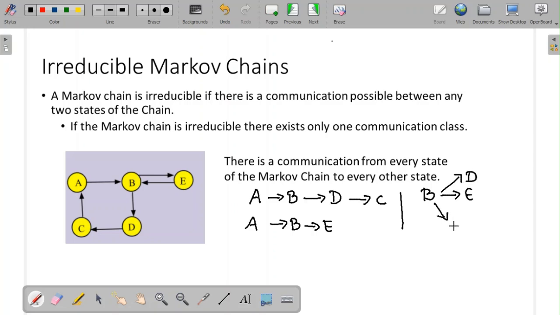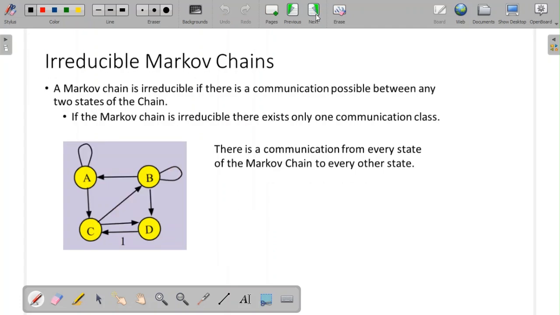I can reach C by reaching D, and I can reach A by reaching B and C. We can examine all of the states and find that every state is reachable, or every state can communicate with every other state. Therefore, this Markov chain is irreducible.